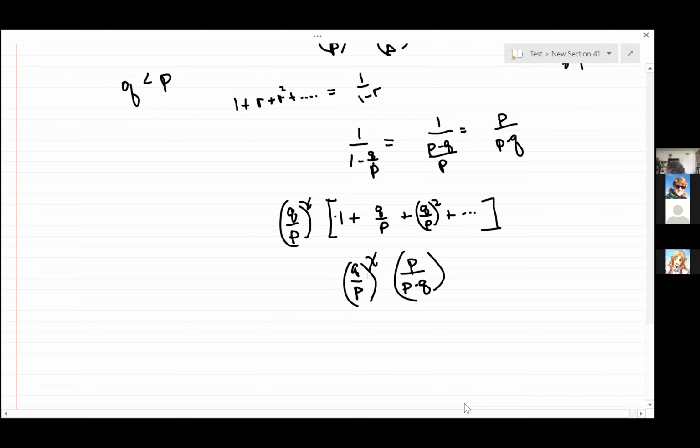So for 28, we have a birth-death chain, and we're assuming what? We're assuming that Px is less than or equal to Qx for all x greater than or equal to 1. Fine. Okay. So we're trying to show that it's recurrent.